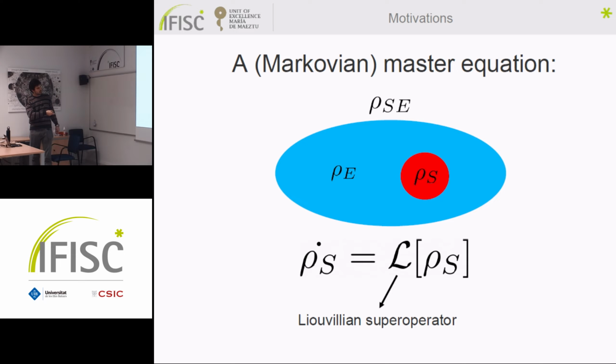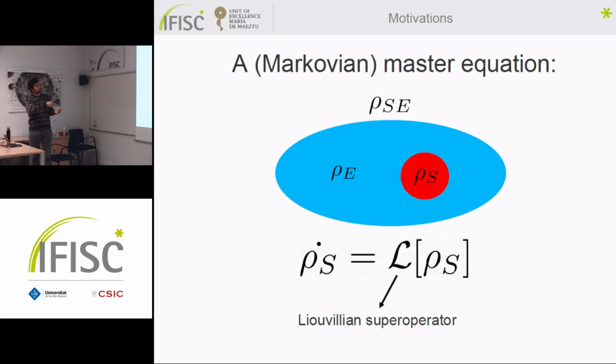And this is, if you want, a differential equation for the state of the system only. It's driven by this superoperator, because it's an operator that is applied on the system, so it's a superoperator in this sense. This superoperator has all the information about the interaction between system and environment.